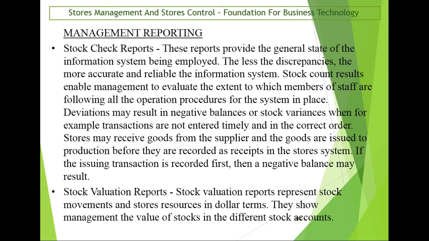When we now perform a stock take or a stock check, there will be a variance between the record in our book or in the computer and the physical balance in stores. So stock check reports help us to troubleshoot, or rather to diagnose the quality of our information system.